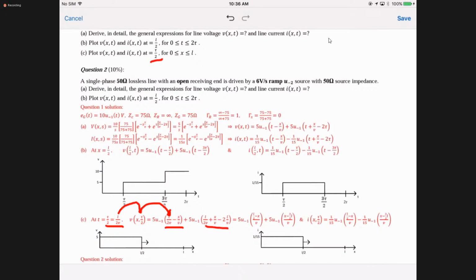Same thing is for the reflection wave. If you want to reorganize it, you can reorganize it.